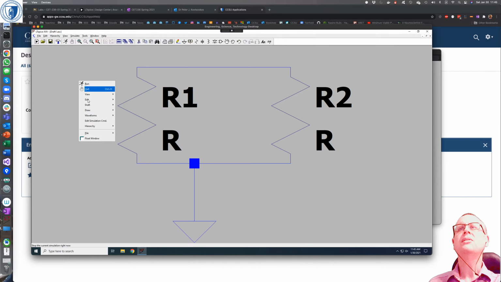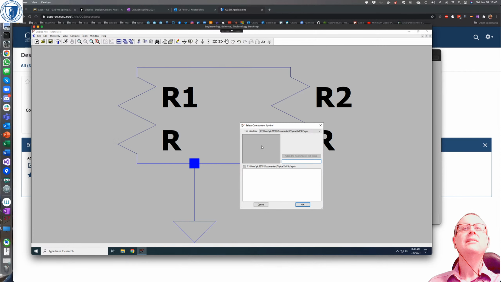Let me just try that again. Yeah, so see, there's nothing in the list here, which means maybe I've got to set up a different library.